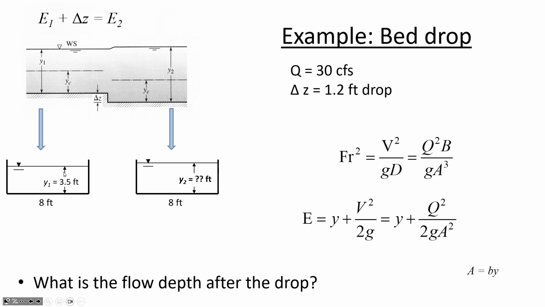It gives me the critical depth is 0.759 feet. And so since Y is greater than YC, then it's subcritical. So that would be another way for us to verify that conditions at location 1 were subcritical, is by comparing the flow depth of 3.5 to the critical depth of 0.76 feet.